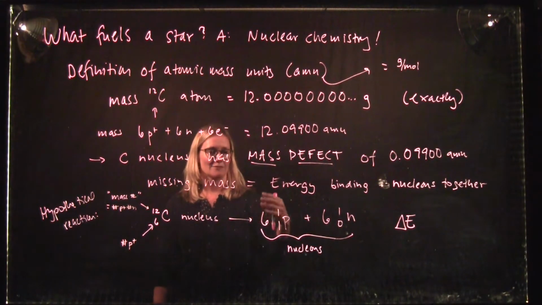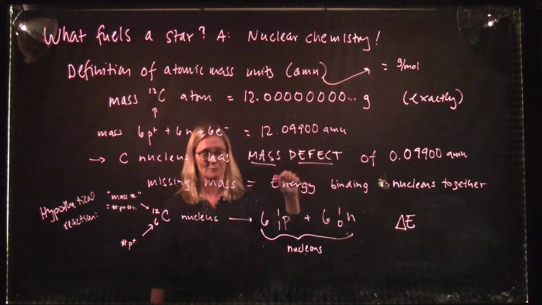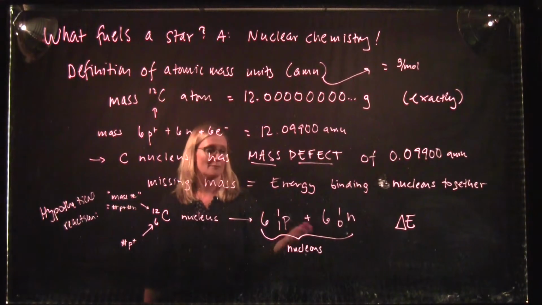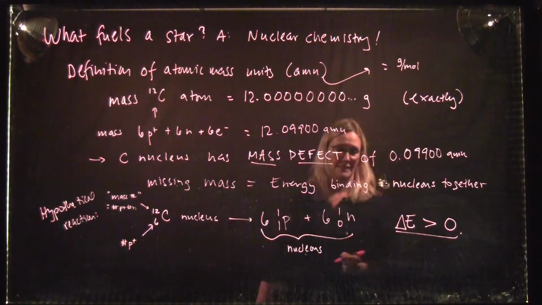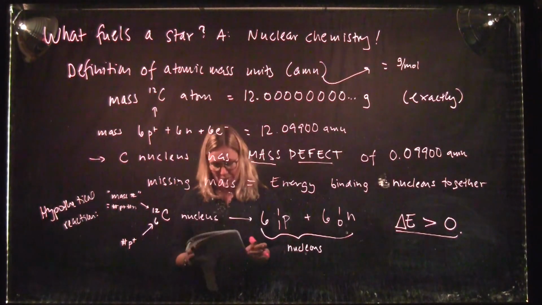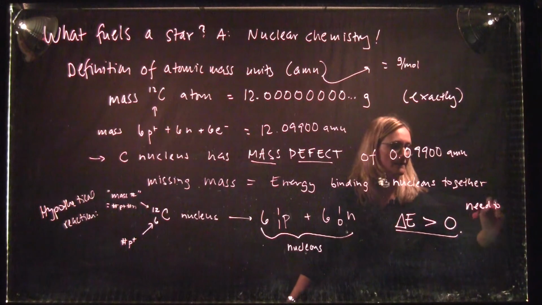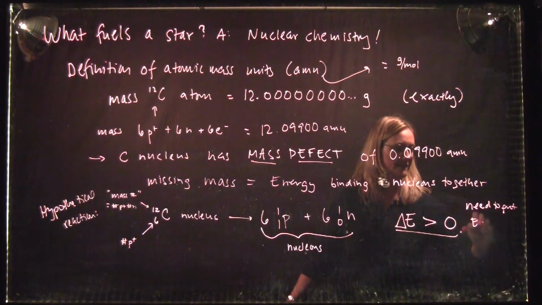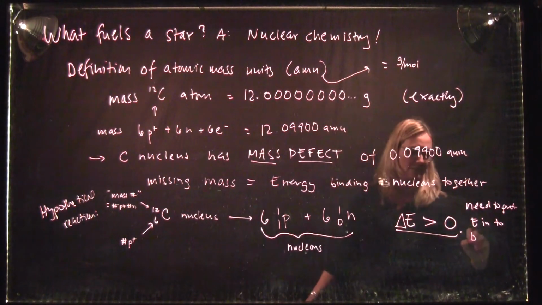Analogous to overcoming electrostatic attraction to ionize and remove something from a nucleus, here we have to add energy. So this is a positive delta E. And in fact, it's a very large and positive delta E because we have to put energy in to break apart the nucleus.